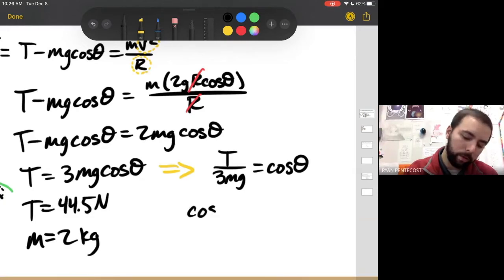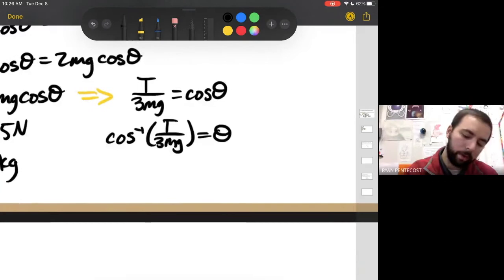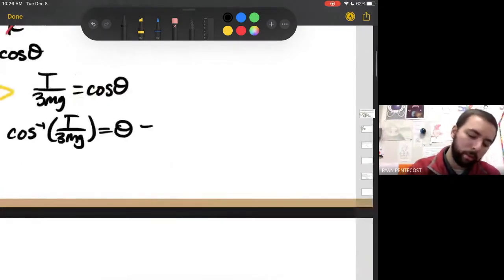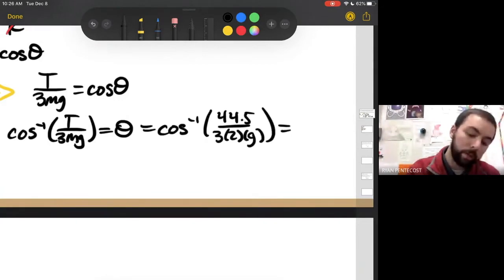So we will do a cosine inverse of T over 3mg, and that will equal theta. So if we put this in, you've got cosine inverse of 44.5 divided by 3 times 2 times 9.81, and that will give you 40.9 degrees.